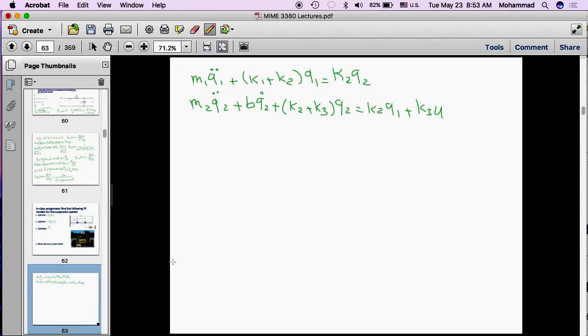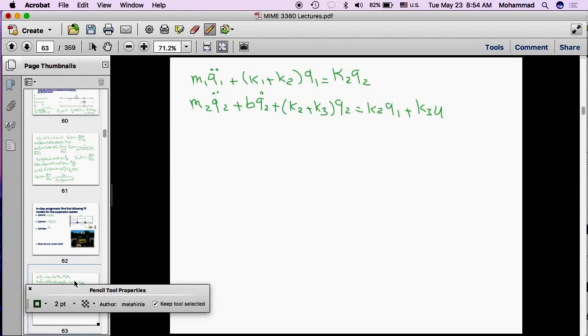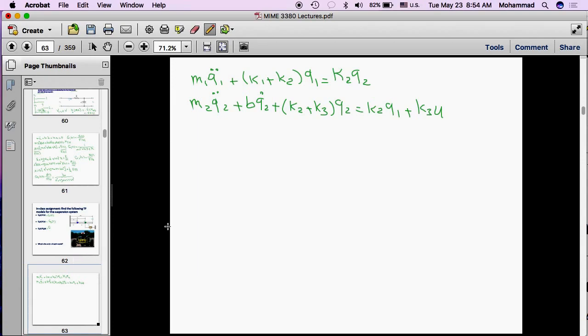What would come out of the first equation? So what will m1 q1 double dot become?